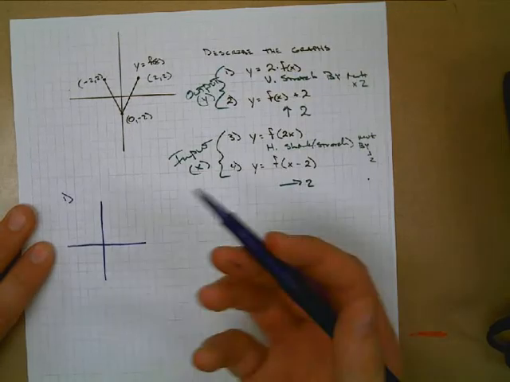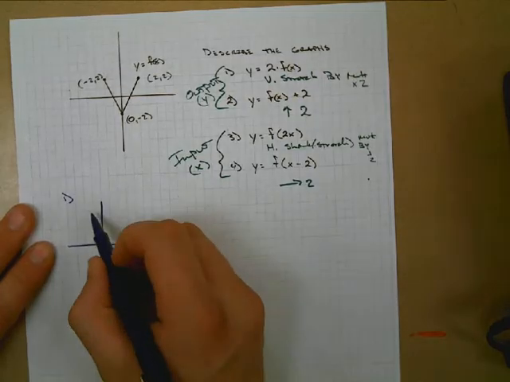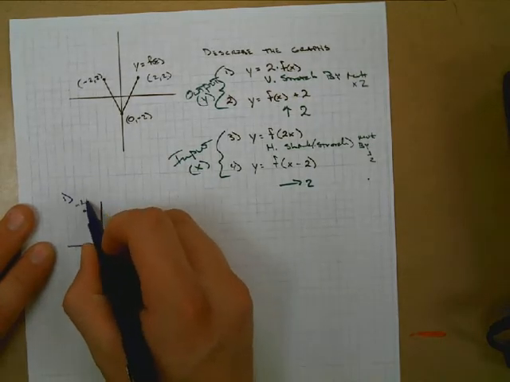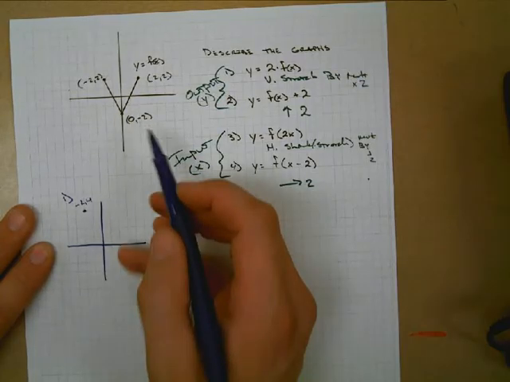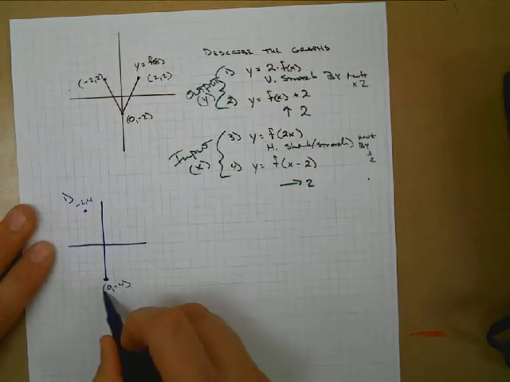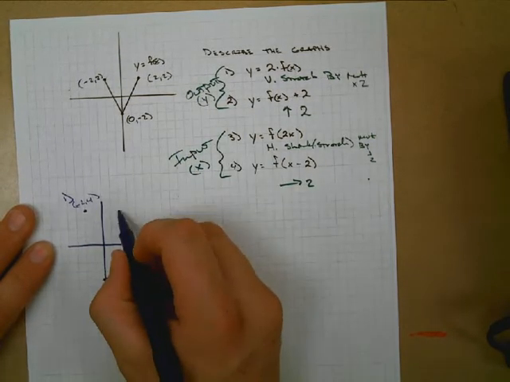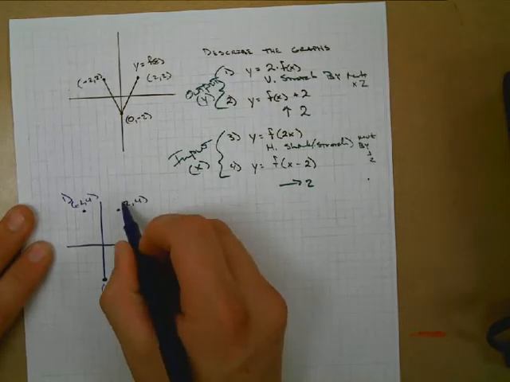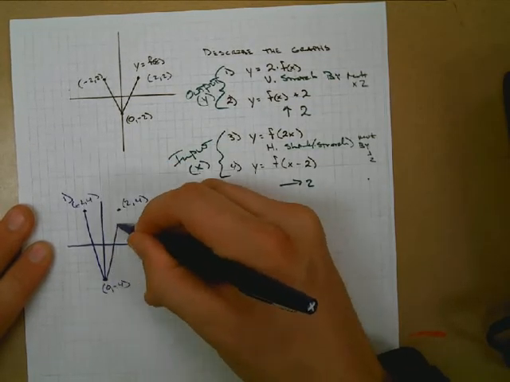So negative 2, 2, multiplying the y value by 2 becomes negative 2, 4. 0, negative 2, multiplying just the y value becomes 0, negative 4. 2, 2, multiplying just the y value becomes 2, 4. And we have ourselves a stretch by a factor of 2, or in other words, a vertical multiplier by 2.